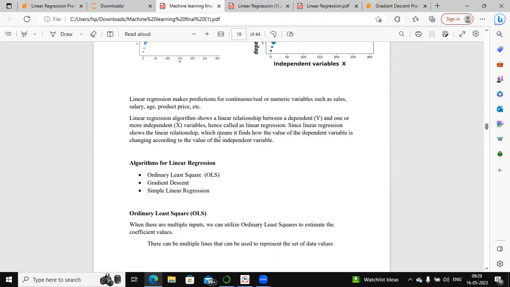So this is what I told you, right? We will see how the dependent variable is getting affected by the independent variable, and we will have multiple independent variables. We'll see how those independent variables are actually affecting our dependent variable.